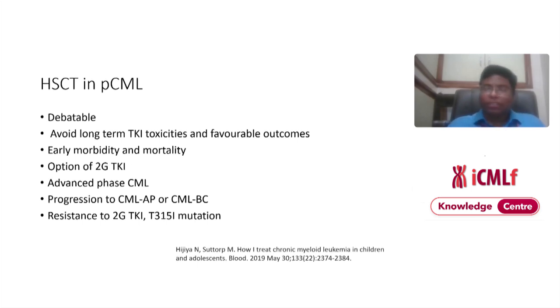We also have second generation TKIs available. So if first generation TKIs are failing, then we go for second generation TKIs, and at present upfront transplant in CML CP is not advocated by a major group of experts.